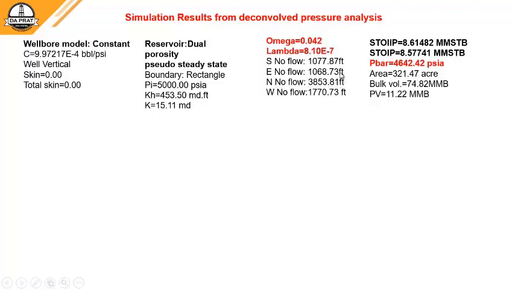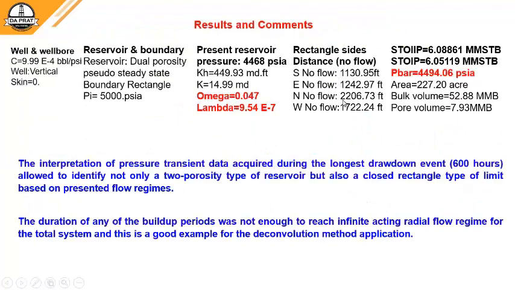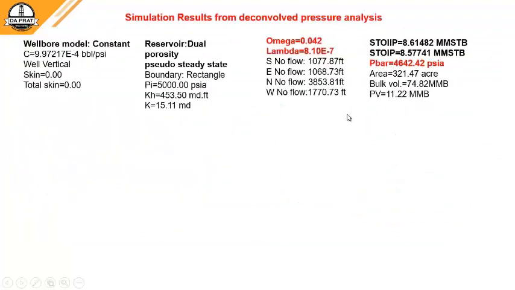So it means that the area of drainage is bigger, and therefore, for that amount of cumulative oil, your average pressure at the end of the test is going to be bigger than the one we got with the single event analysis. Mainly because, to get the match, we needed to use a bigger area.